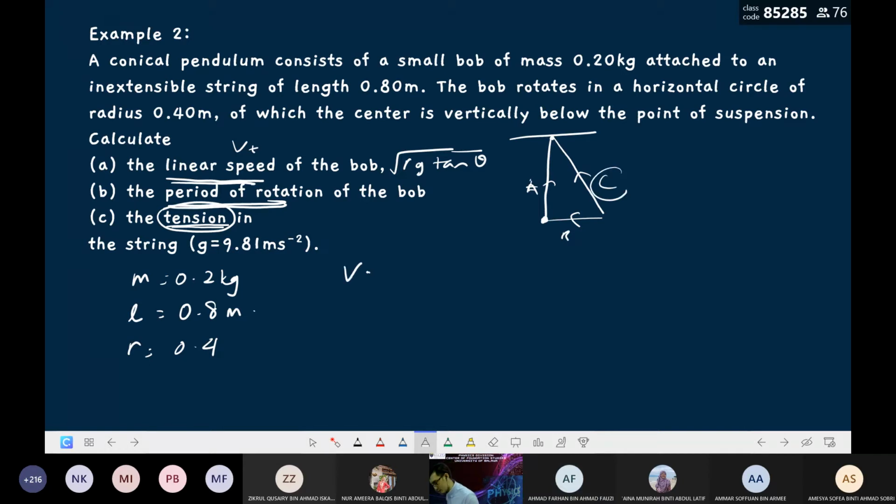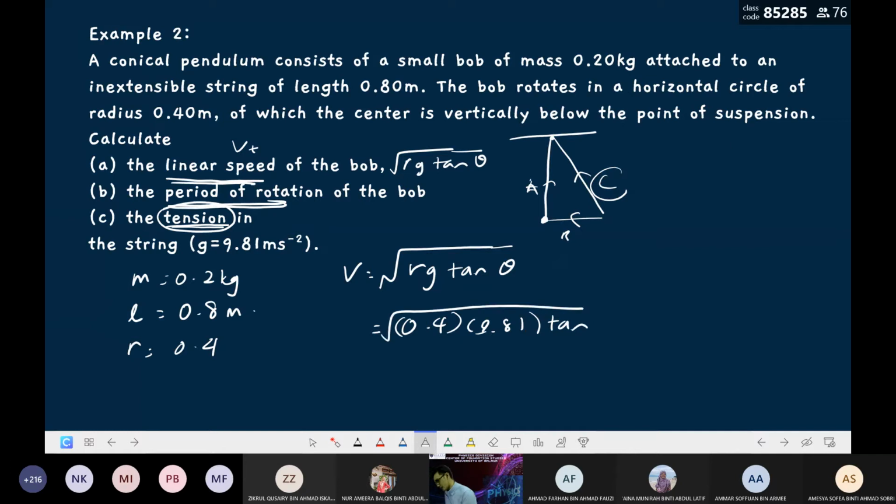V is equal to square root of Rg tangent theta. Okay, jadi our radius kita dah tahu dia memang bagi 0.4. G kita tahu 9.81. Cuma theta lah tak tahu. Theta kita boleh guna, kalau I redraw again, radius is 0.4 and also length is 0.8.